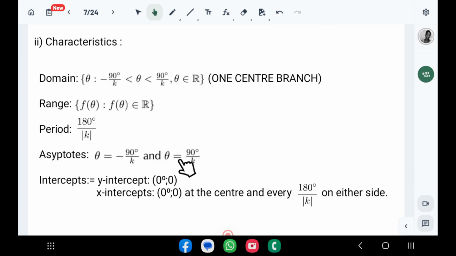Let's look at the general equation of the asymptote for this one. The asymptote usually is at negative 90 degrees, and the other one is at 90 degrees, right? But with regards to k that affects the period, that will be negative 90 degrees divided by the absolute value of k on the left hand side, and then 90 degrees divided by the absolute value of k on the right hand side, which now brings us back to the domain.